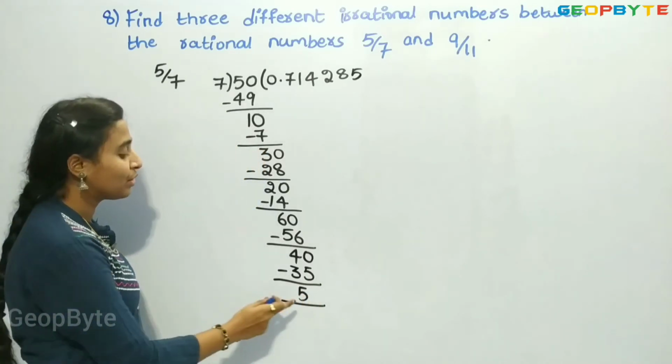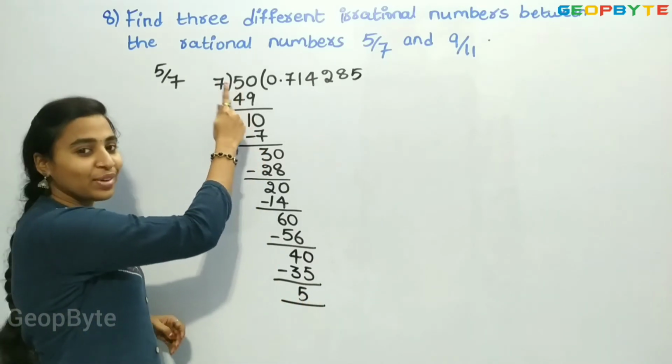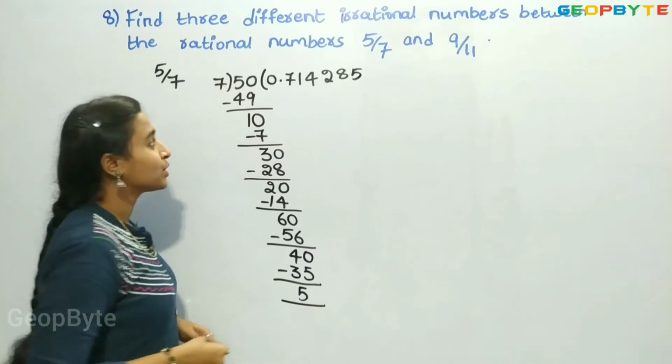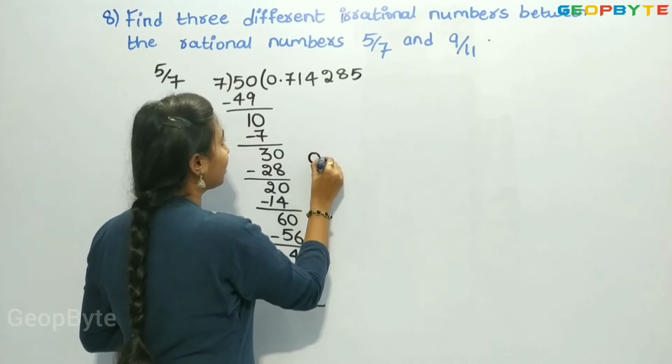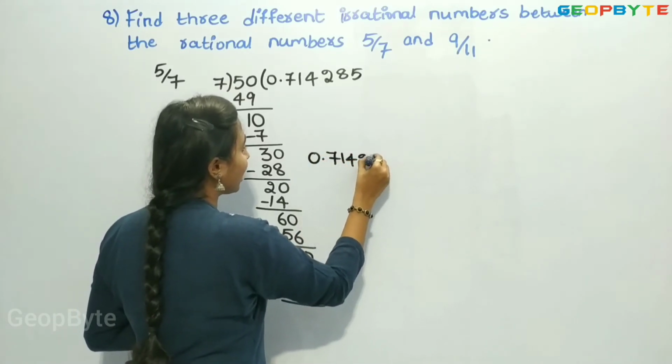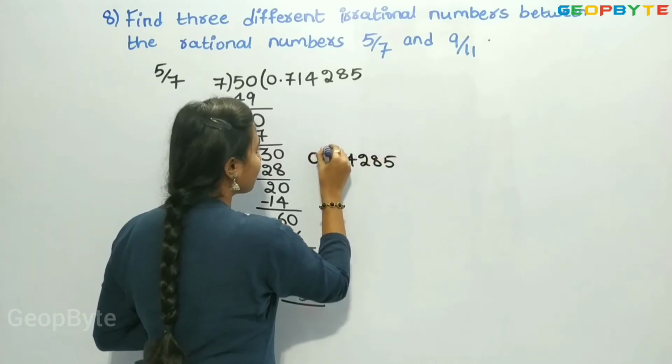So we got 5. Here also we have 5. Again this will be repeating. So 0.0 91425 bar.